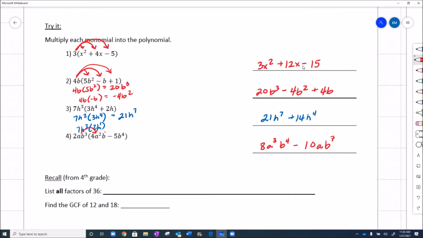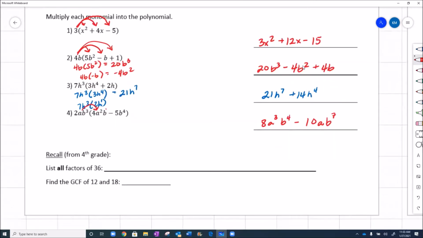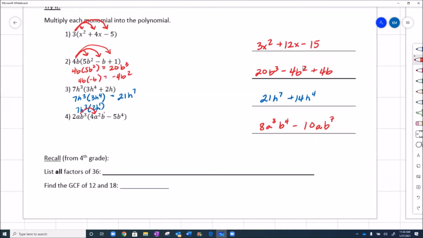Okay, we have to make sure that we're keeping our numbers together and our exponents in check, but it's our exponent rules and it's multiplication and it's being organized. You'll notice that we don't have like terms after we've multiplied. Think about it, if they're not like terms before we multiply by something, they won't be like terms afterwards.